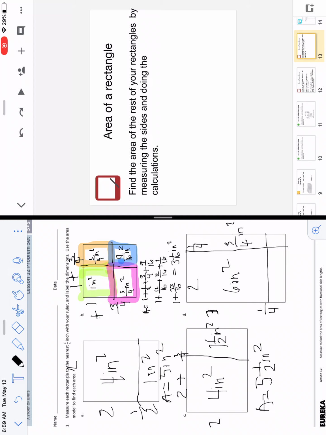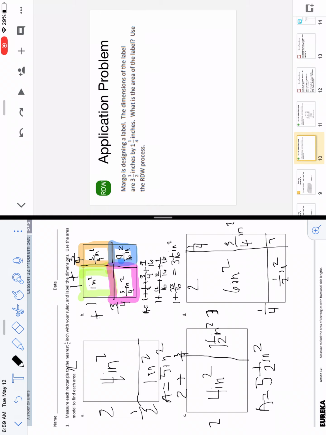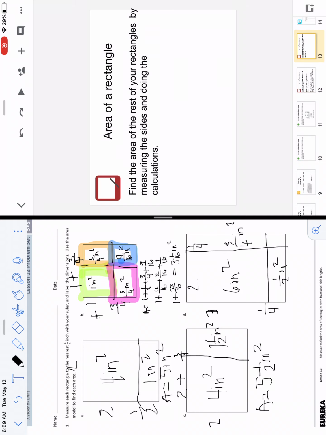This is 1/2, because it's 1/4 plus 1/4, which is 2/4, which is 1/2 inches squared, or 1/4 times 2. And then the last one, 1/4 times 1/4 is 1/16 inches squared.